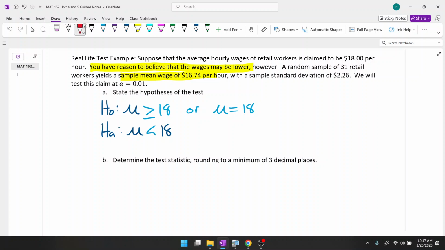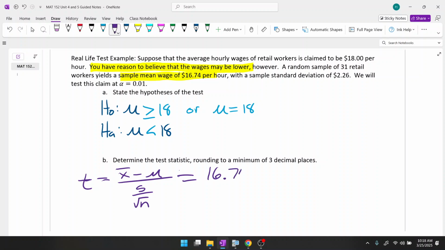So we have the sample mean of 16.74, and then we'll have the sample standard deviation. Basically, we're going to calculate this test statistic, which is your sample mean minus the claim mean over the standard error. Now, because this is a left-tailed test, we know that this t-value will be negative.